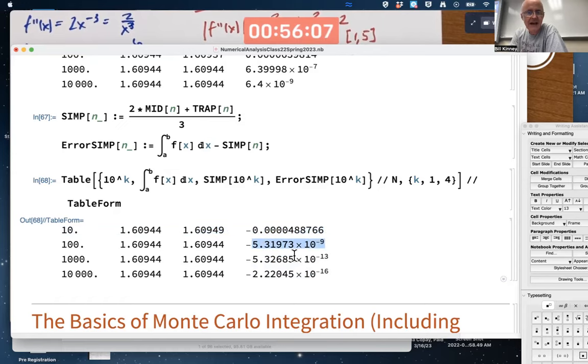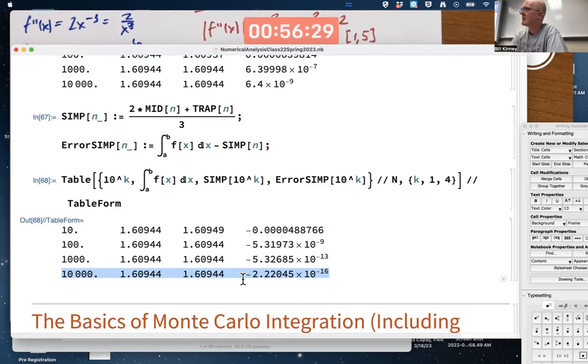Then 10 to the negative 9, then 10 to the negative 13, then 10 to the negative 16. Although that one, I wonder if that's numerical error, because you would expect 10 to the negative 17 there. We could be dealing with some pretty small numbers and leading to numerical error down here. That's why that one's maybe not fitting the pattern.